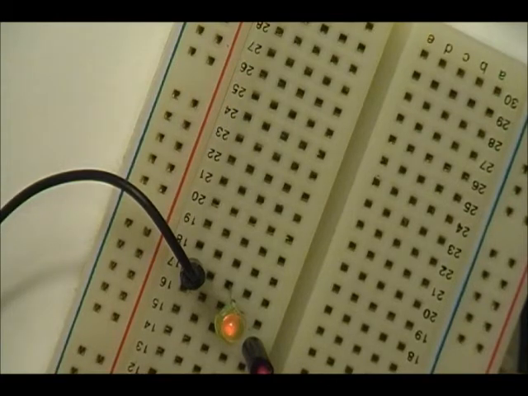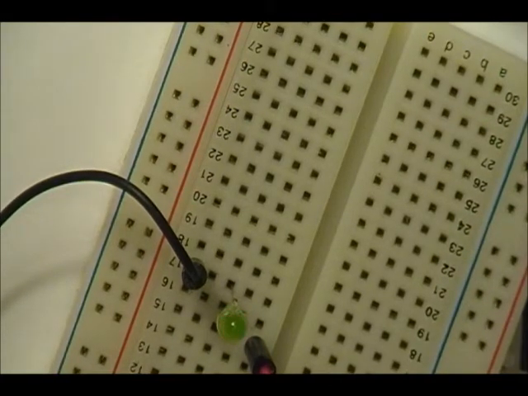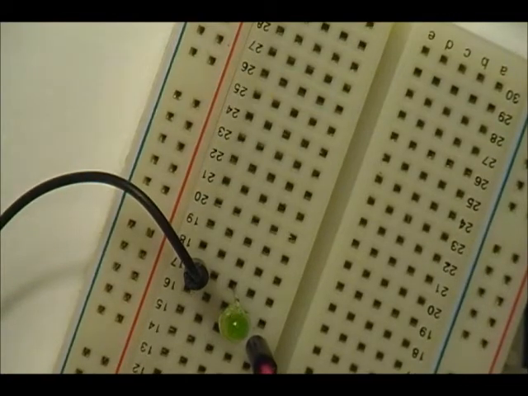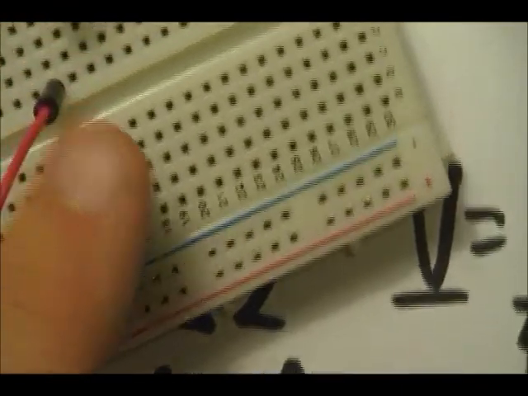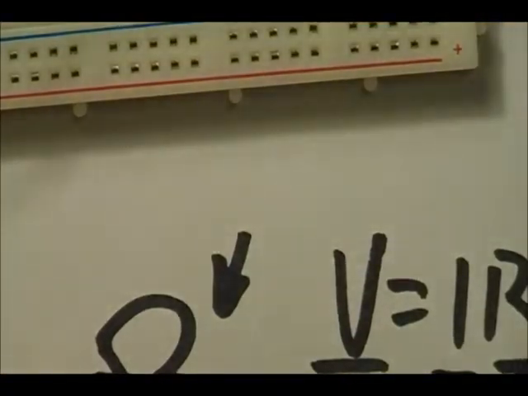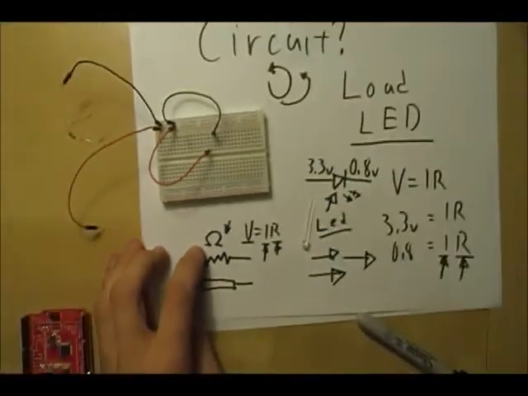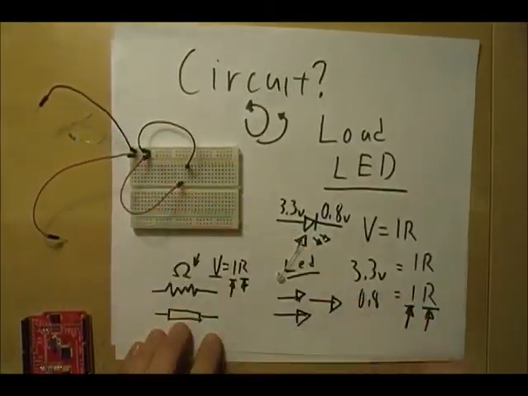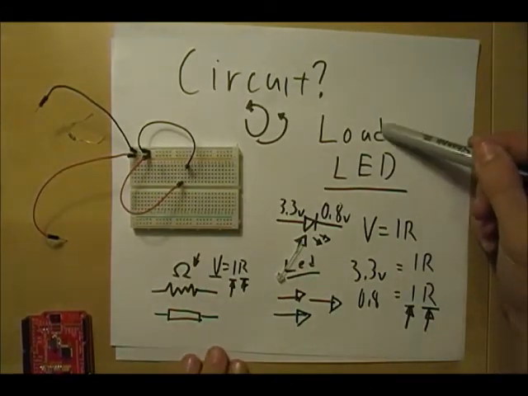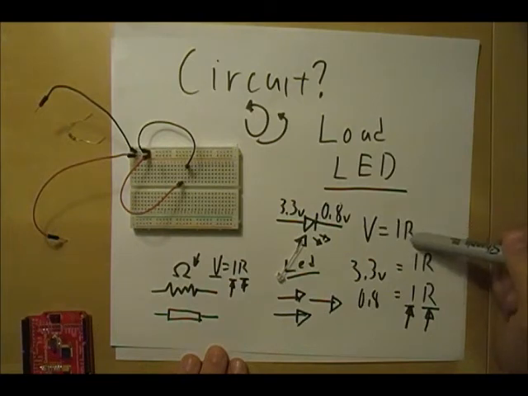Okay, so my attempts to burn these LEDs in front of you are sort of failing, so you can't see the smoke escape. Sorry about that. But anyways, this is now dead and will never be useful again. So it's gone. But the important thing to take from all of that is, once again, that you need the circuit to be completed, that you have loads, you have voltage equals IR, except in the case of LEDs and diodes.